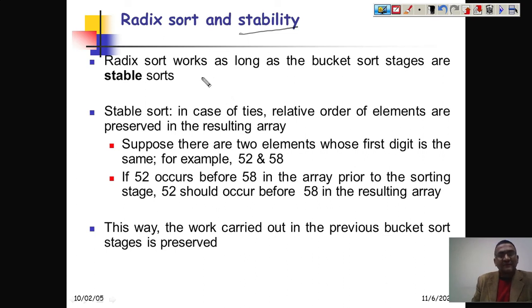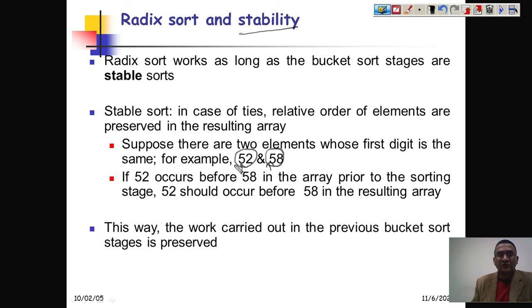What does it mean? Let's say you have two elements in the given sequence. One is 52, other is 58. And you are doing the second pass. Second pass means you are reading the second digit from the right-hand side.